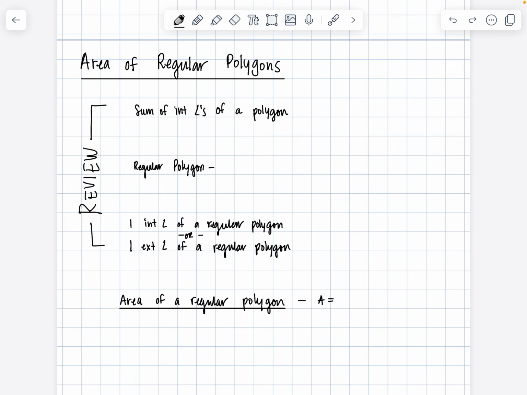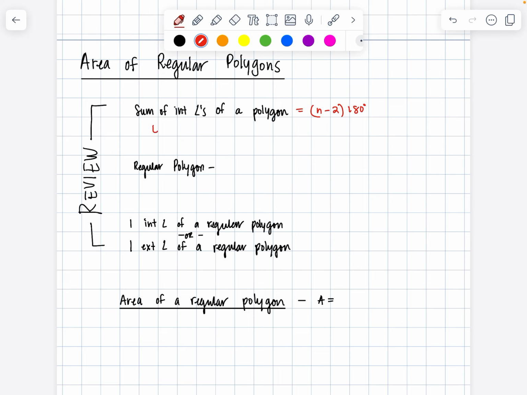The sum of interior angles of a polygon can be calculated, if you remember, by taking the number of sides, n, subtract 2, and multiply by 180 degrees. So like a triangle has 3 sides, 3 minus 2 is 1, times 180 is 180.